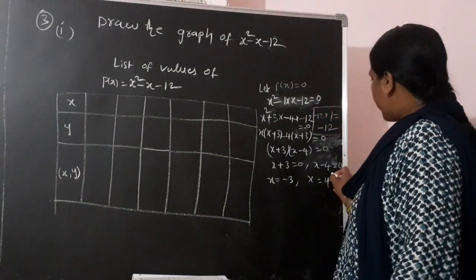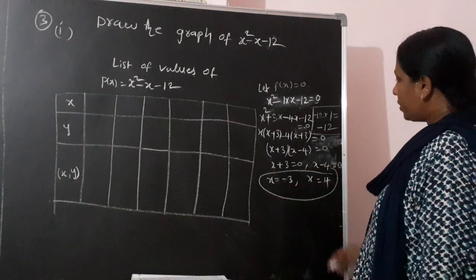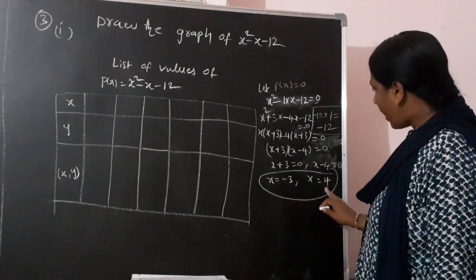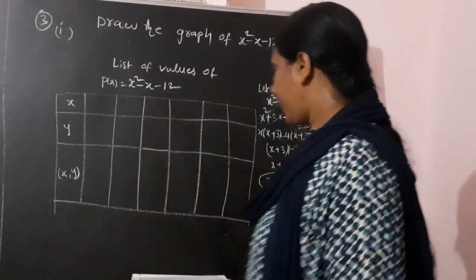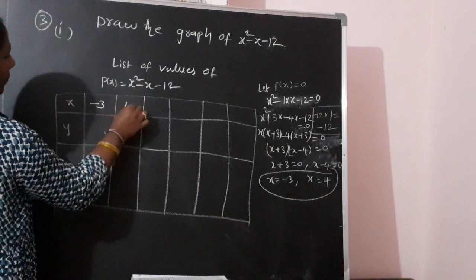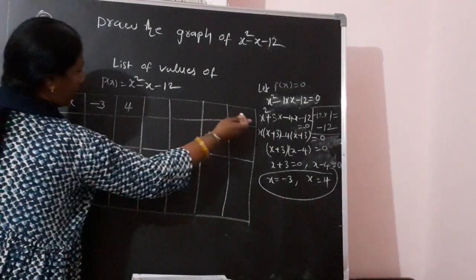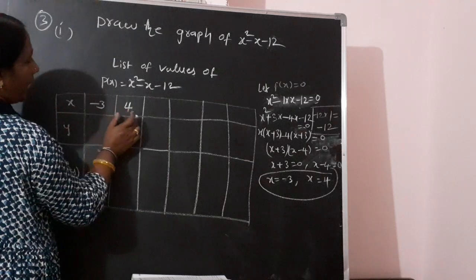So now your graph touches the x-axis at these two places. So that's why you have to fill these two values in the table first. So minus 3 and 4, you have to write these first. Okay, the remaining is your choice. Your choice means you have to take the nearest values to minus 3 and 4.